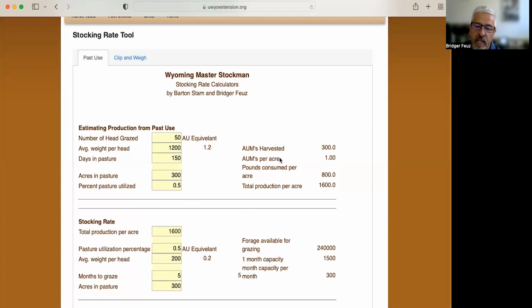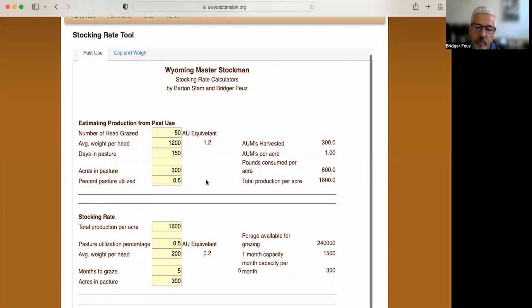Then based on that, we would have harvested 300 AUMs, and pounds consumed per acre would have been 800, which means total production per acre in that pasture was about 1,600 pounds per acre. So that's an easy way to get at an estimate of what your pasture's production is based on some knowledge you've had with animals out there.